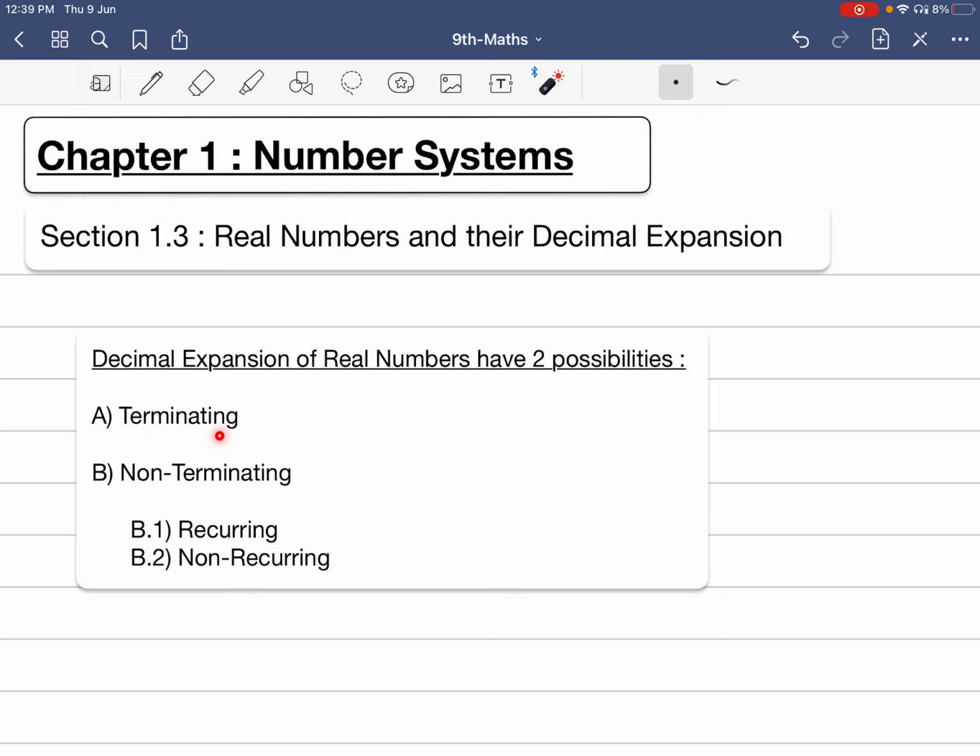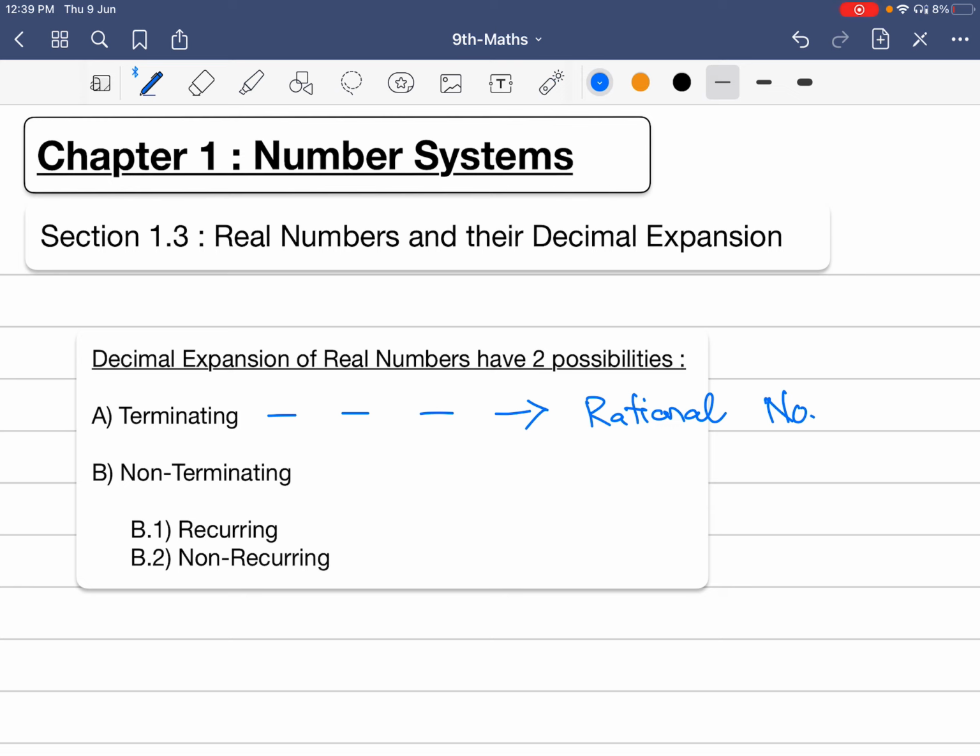And if it is non-terminating, it will be either recurring or non-recurring. And very importantly, if it's terminating, then it is a rational number. So if we have a real number whose decimal expansion is terminating, it's a rational number.